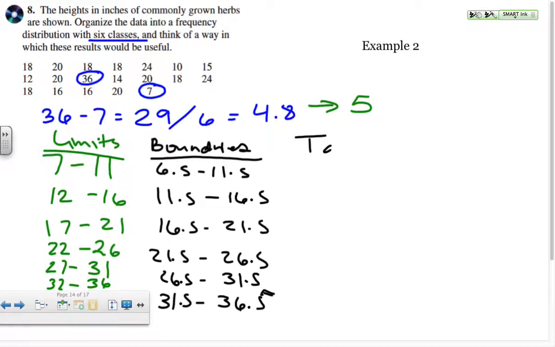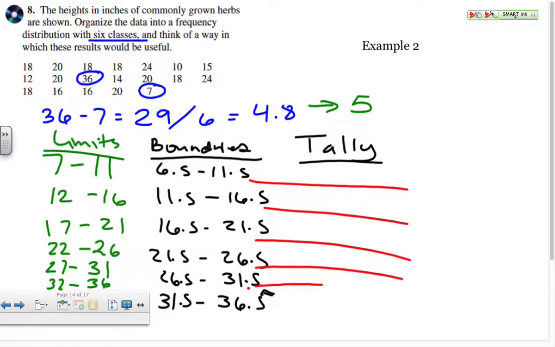Let's tally up what we have, and I'll use a different color. I'm going to draw some lines here so that I don't put the tally mark in the wrong spot.